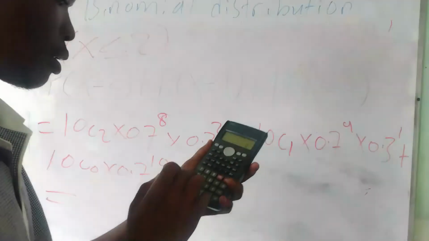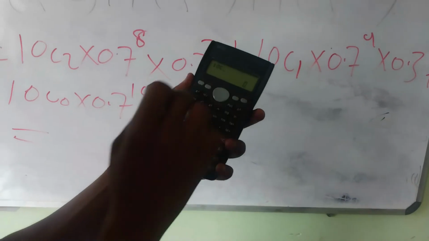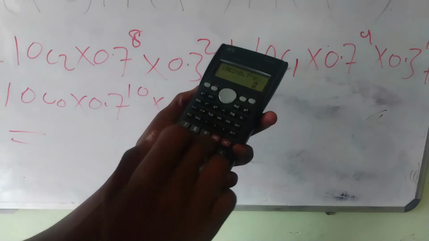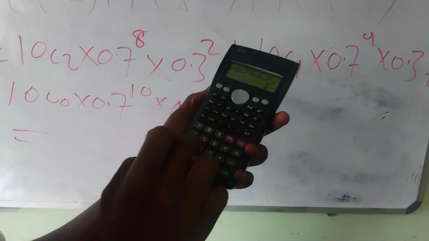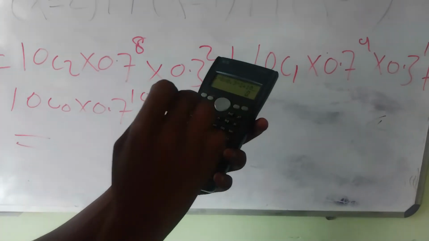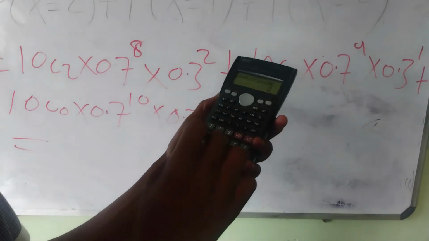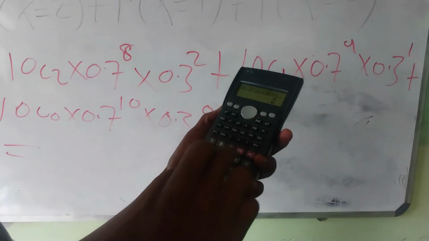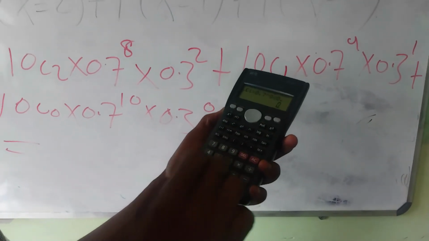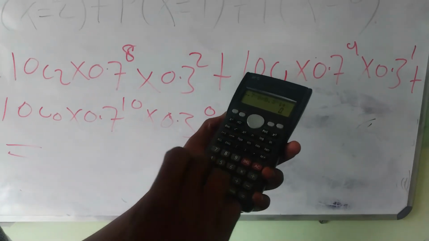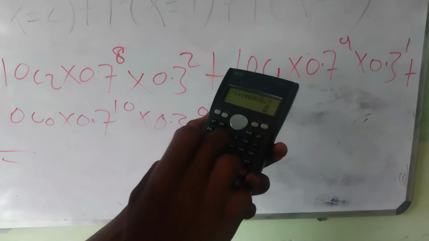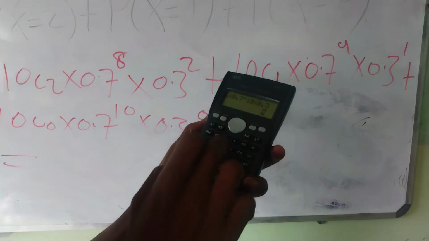So it is 10 choose 2 times 0.7 to the power of 8 times 0.3 to the power of 2, plus 10 choose 1 times 0.7 to the power of 9 times 0.3 to the power of 1, plus 10 choose 0 times 0.7 to the power of 10 times 0.3 to the power of 0.